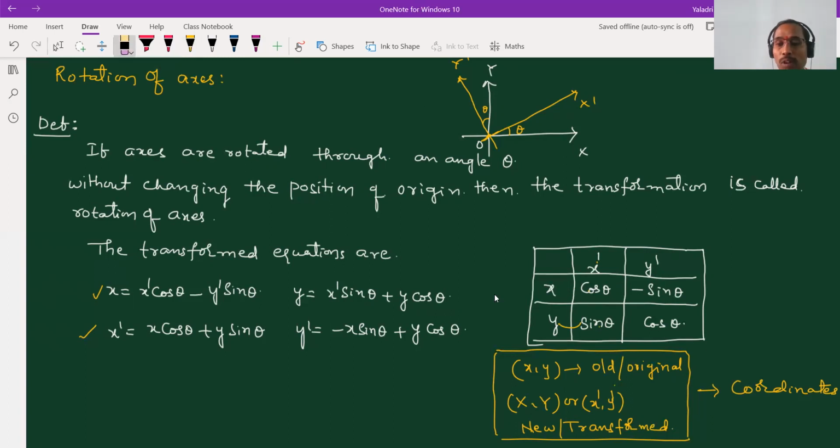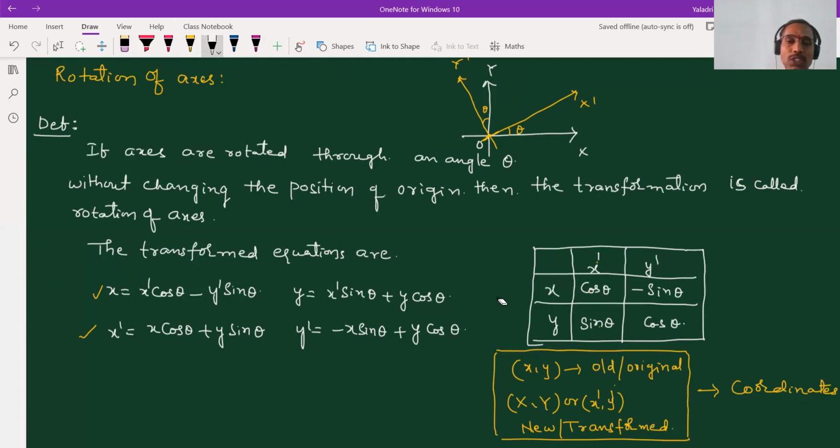Next, y dash is also the same: x into minus sin theta, y into cos theta. After that, you should add them. So y dash is equal to minus x sin theta plus y cos theta, right?